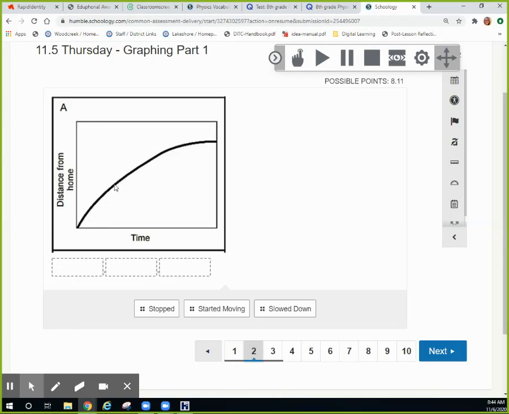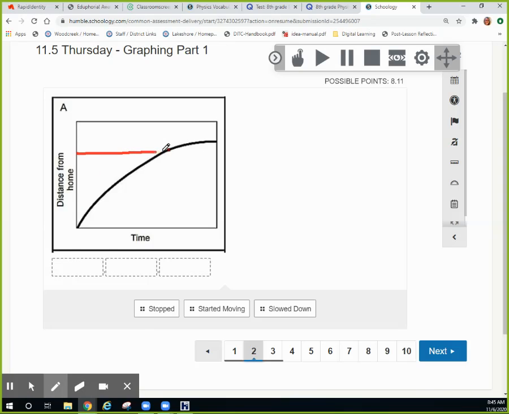Gradually increasing in speed right here. And then what happens here? What's happening right here, guys? He started moving here. So at point 0, he starts moving. But this line, if you look, he's starting to cover less distance over time.